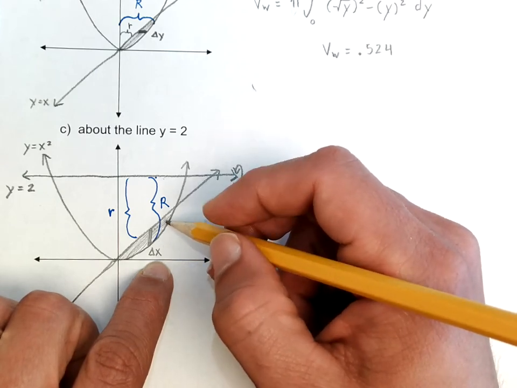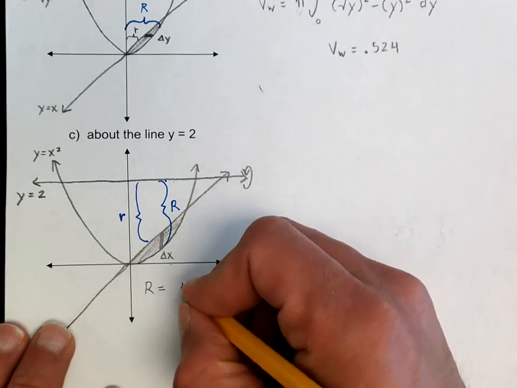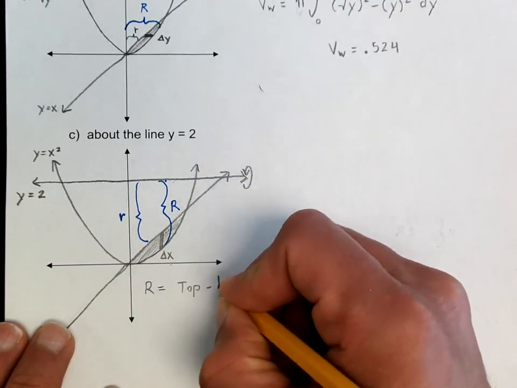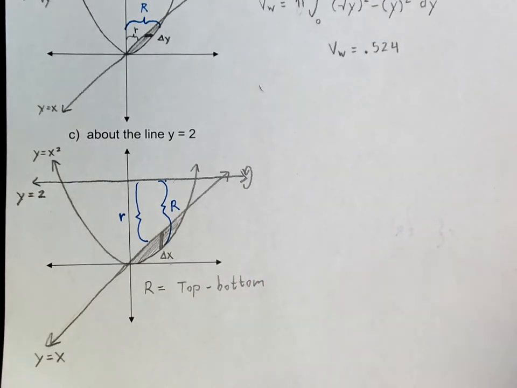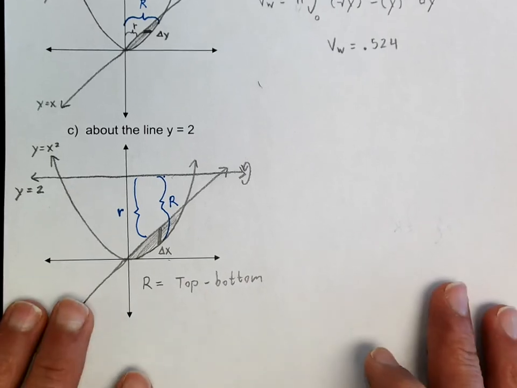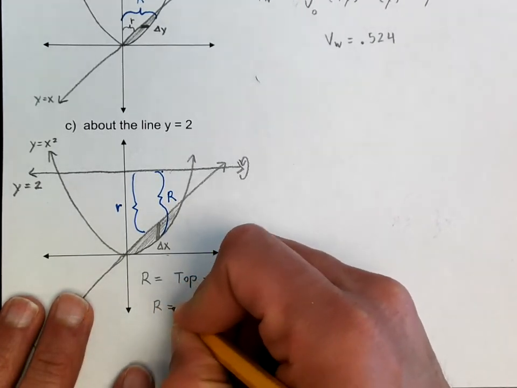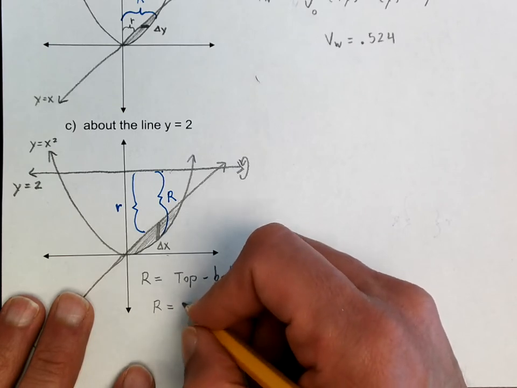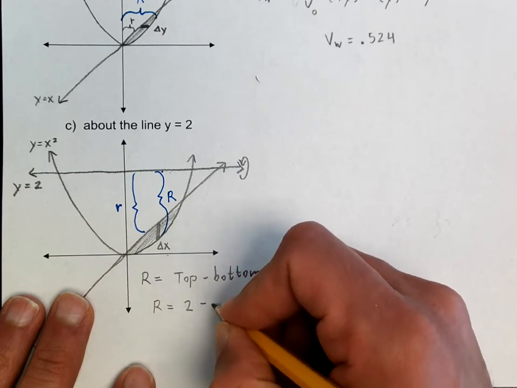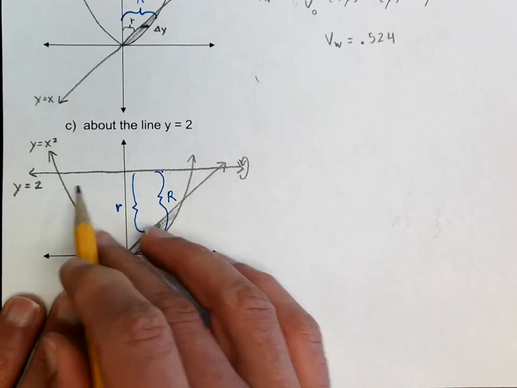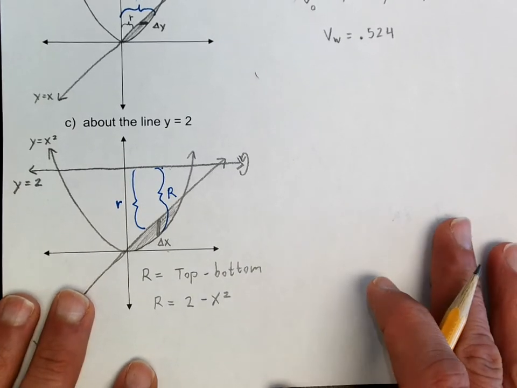On this one it always works out like this: you have the top minus the bottom curve. If you don't follow what I just said, just do this and it'll work. So the radius is 2 minus x squared. Notice that 2 is this line, x squared is this curve.